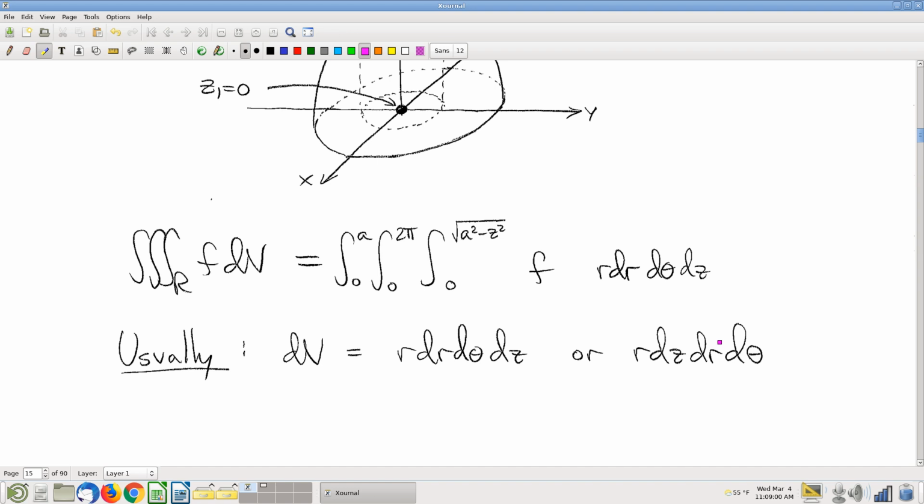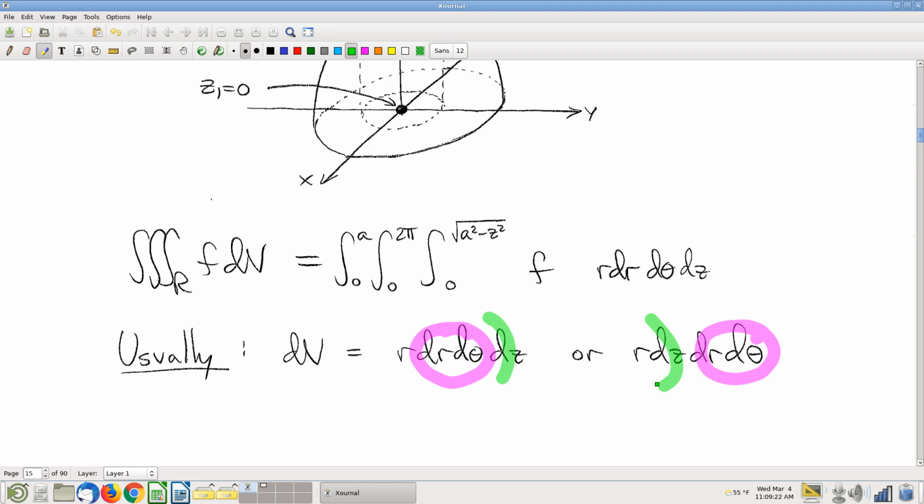You're going to want to keep r and theta together with r on the inside. And then dz is either on the outside of it or on the inside of it. That's really your 2 choices. Nothing else really makes much sense. So pick between these. Notice those are the 2 that we just did examples of.